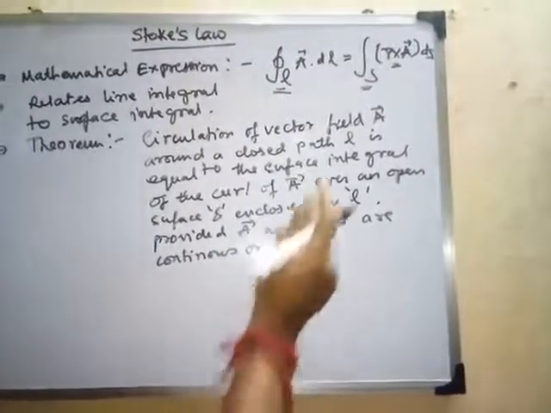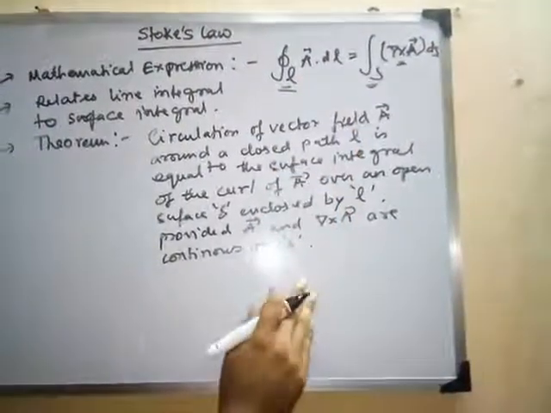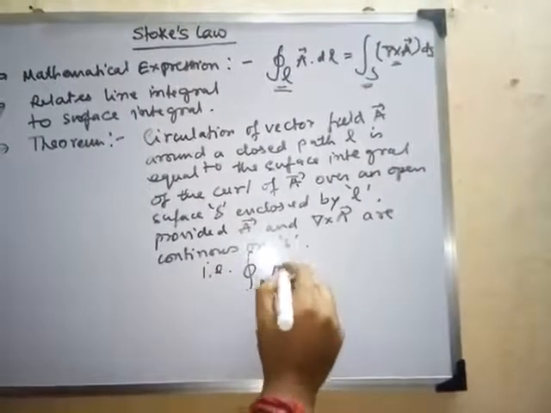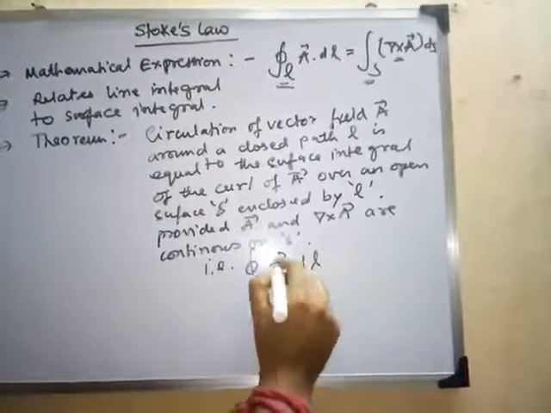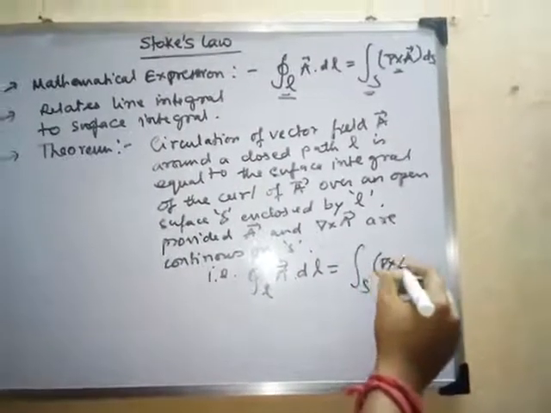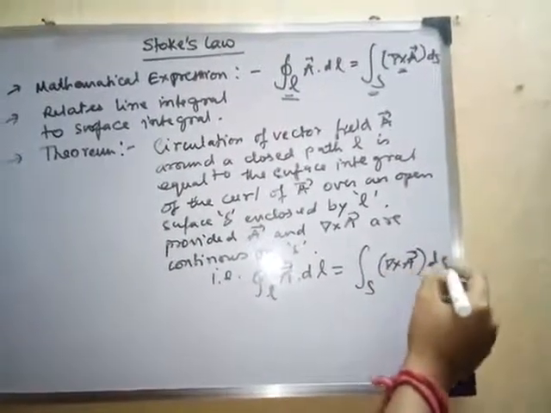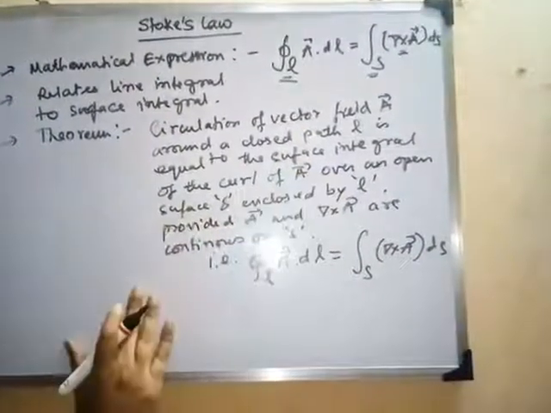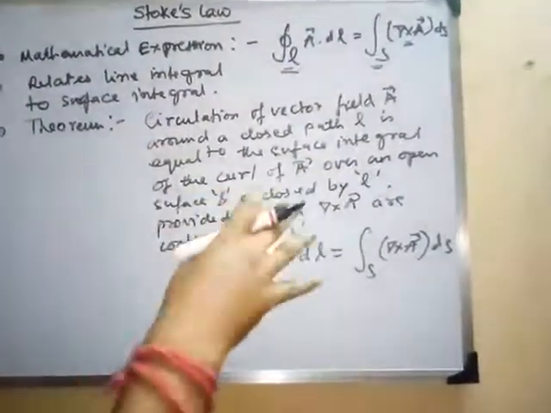Mathematically we can write the same expression: the line integral of that vector A dl is equal to the surface integral of the curl of that particular vector. So now what it says is the circulation of a vector field A around a closed path. Let us explain what it is saying.